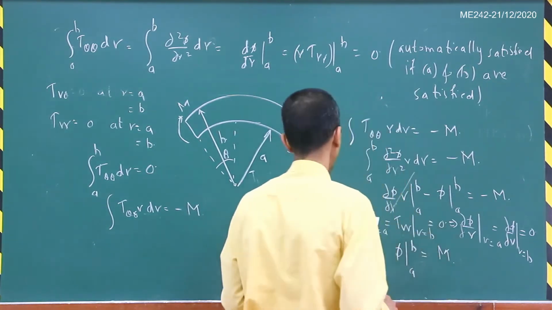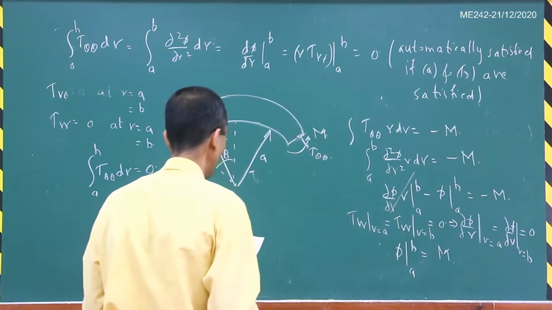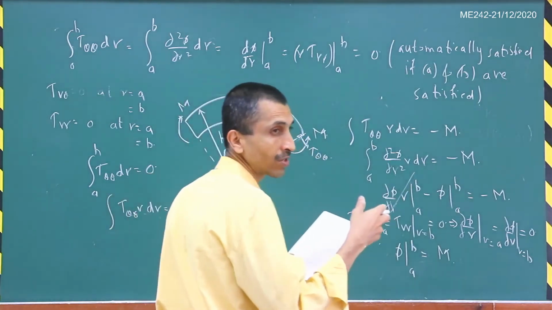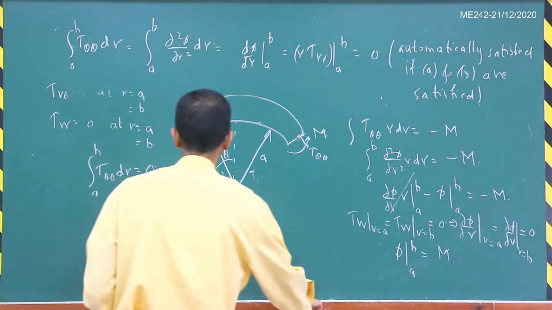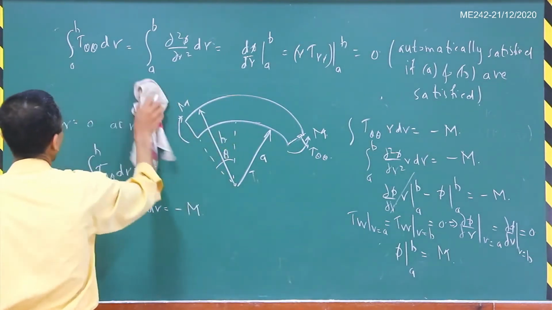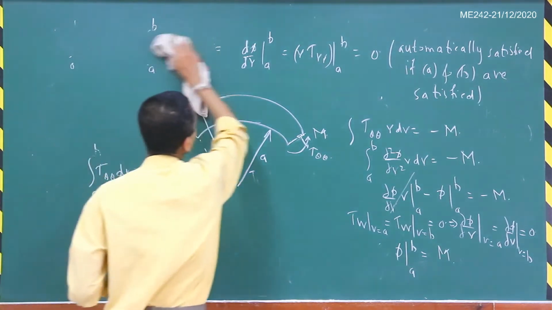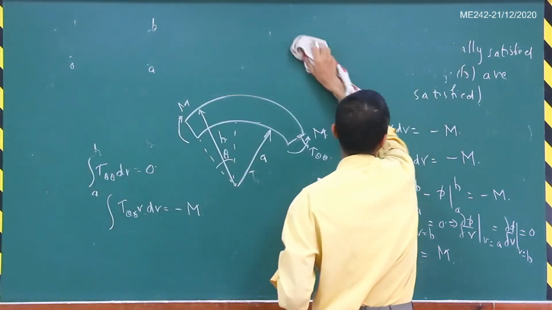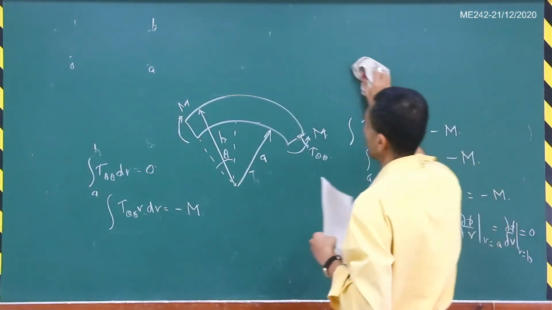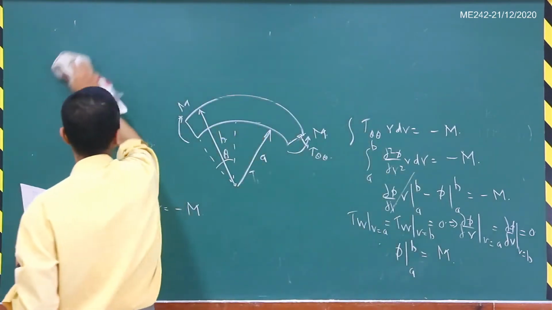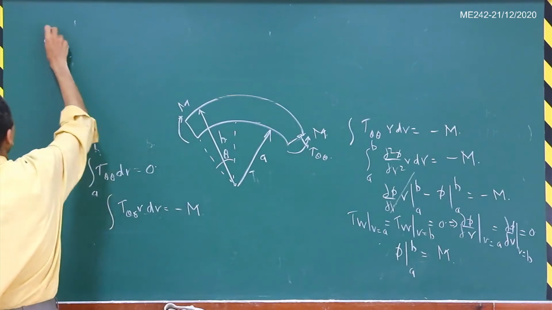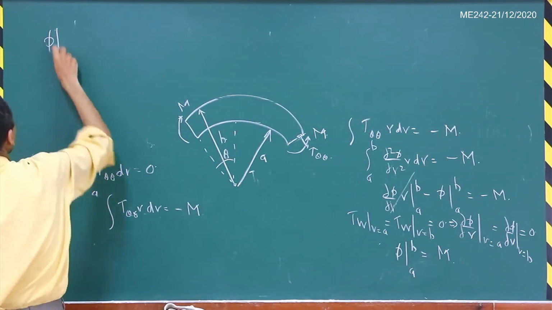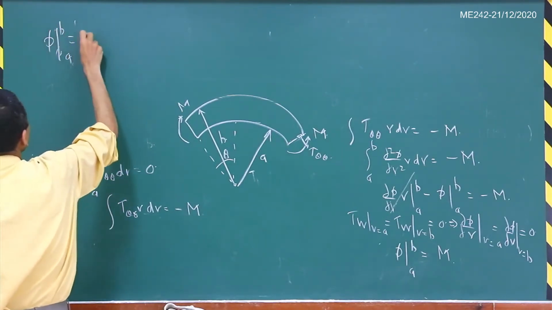Okay, so that gives us the third equation, right? The two equations originally were this a and b, whatever I had written. Now this is the third equation that we will get. So phi evaluated at a and b is equal to m.